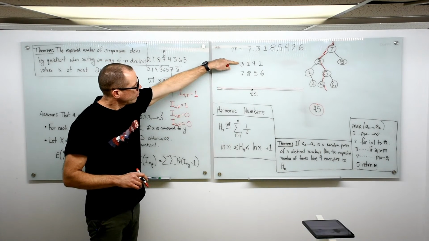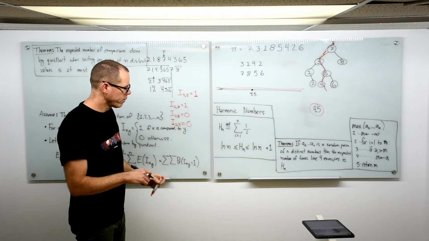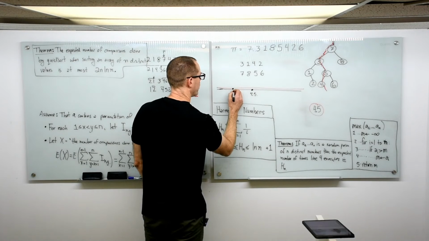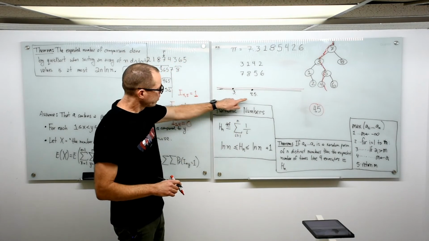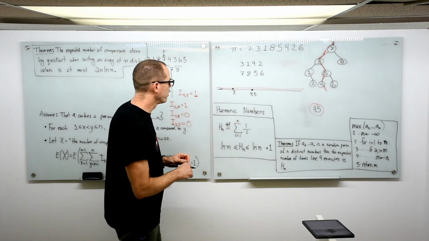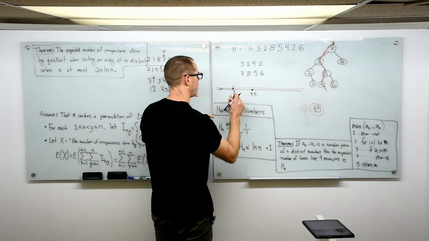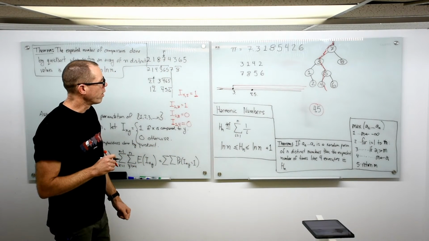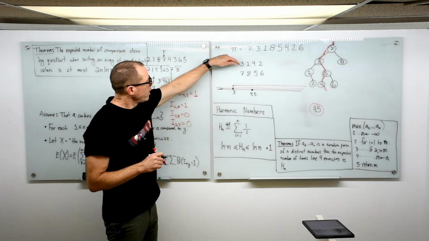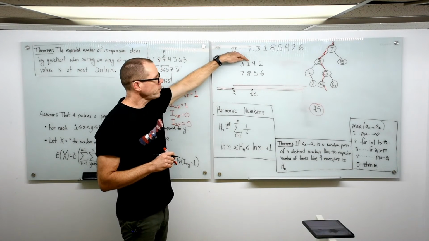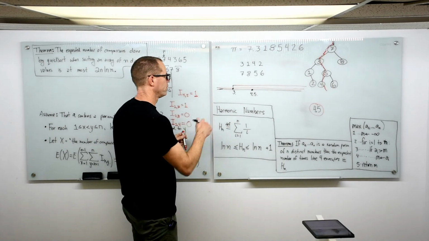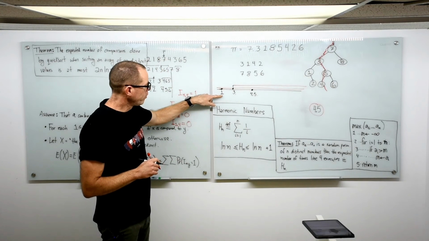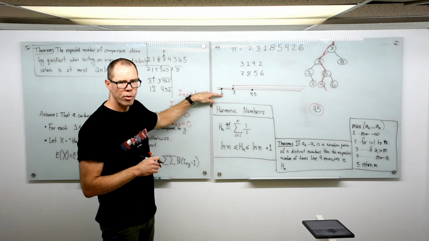And then we look at 3. 3 comes along, and I compare it and I see that 4.5 is bigger than 3. That's what I know about 4.5. And then 1 comes along, and 1 doesn't tell me anything new about 4.5.